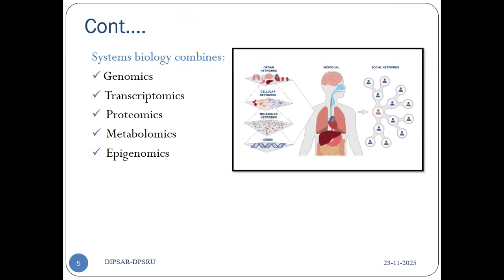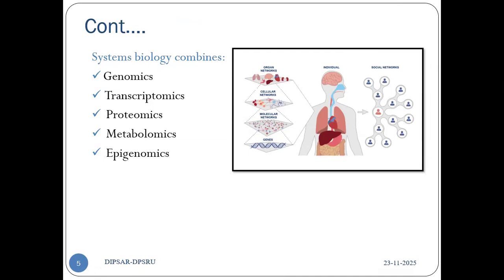System biology combines all these areas. When we talk about genomics, we are studying particular genes and genomes; any study at the gene level comes under genomics.